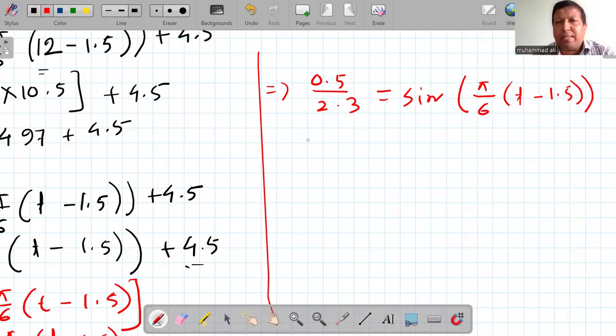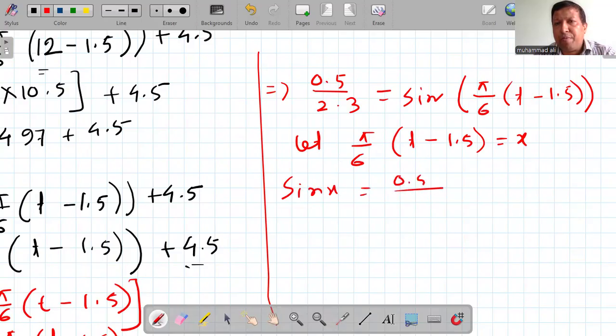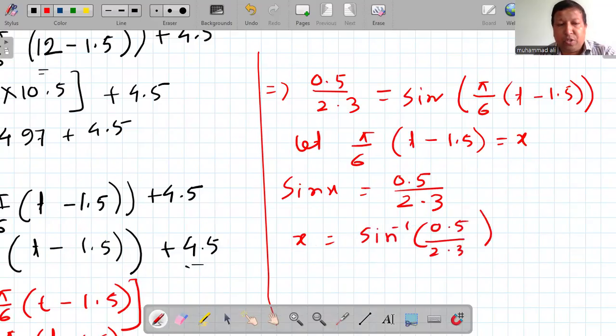To make our math simple, we can say let pi by 6 (t minus 1.5) equal x. So sine x equals 0.5 divided by 2.3. One thing you have to remember, you can use the GDC calculator to find the value. So x equals sine inverse of 0.5 over 2.3, which is 0.219.